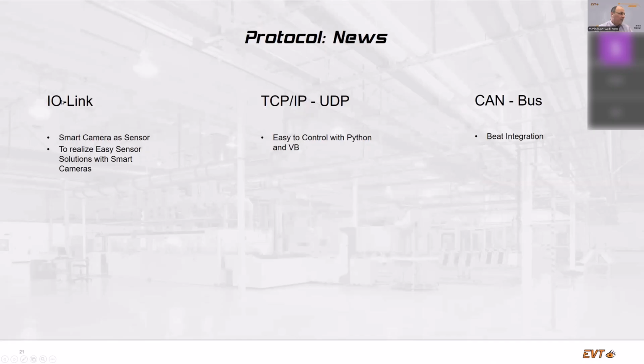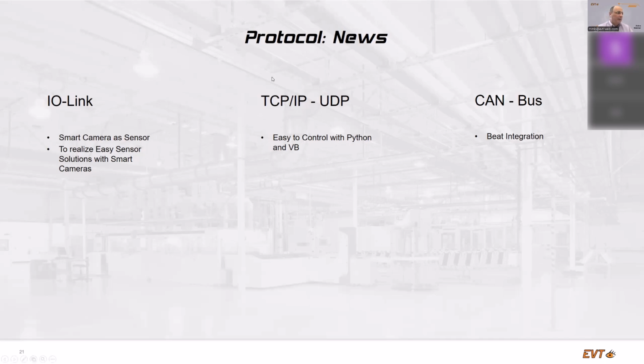As I just mentioned, for the next release, we have integrated IO Link, and we have some additional nice tools in our VB and Python integration for TCP/IP and UDP, even to make communication, for example, to robots much easier if you have a specialized robot, which is not part of our robot vision support.